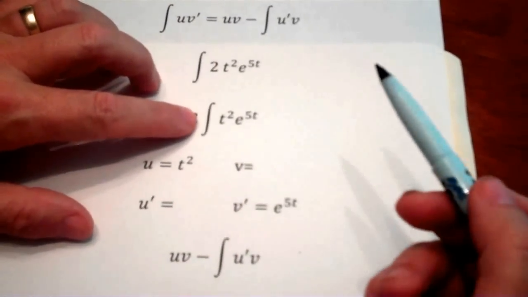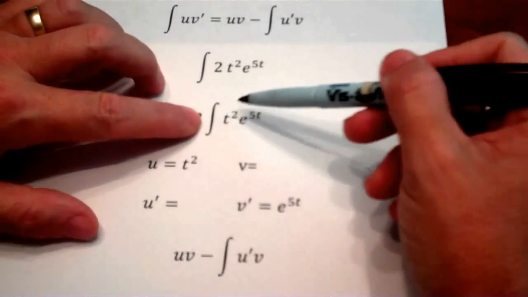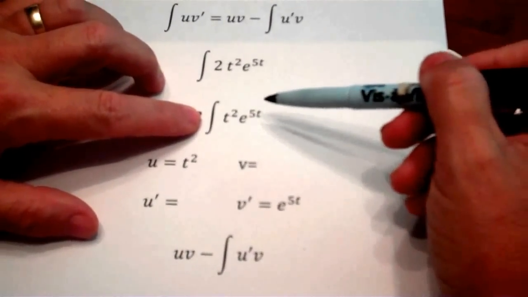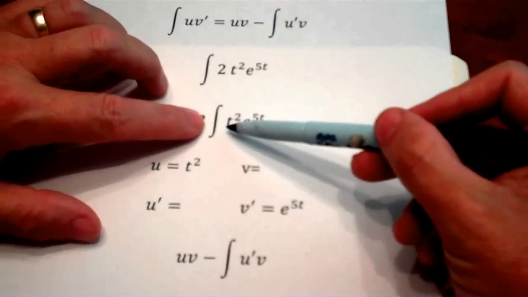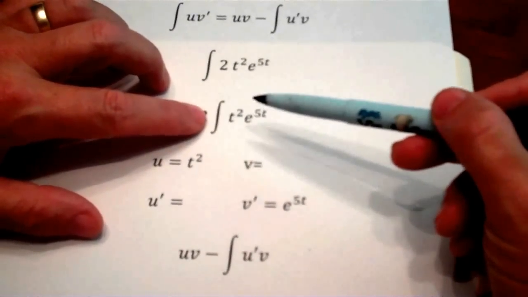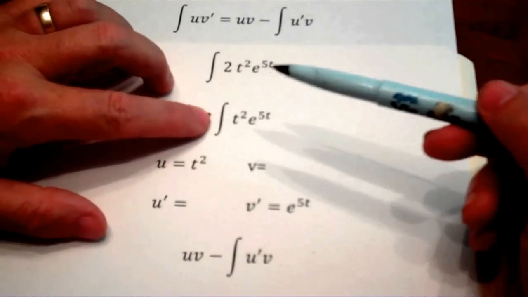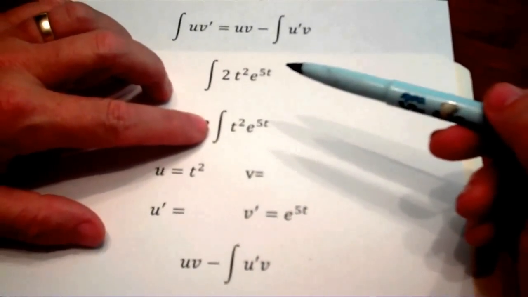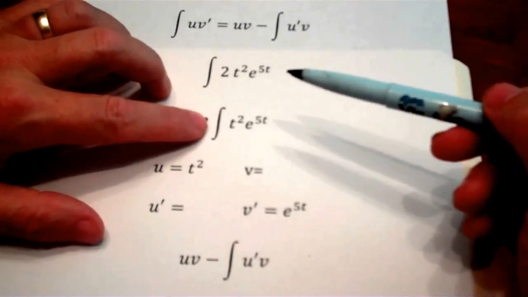Now I have a problem right off the bat. Once again, I have two terms involving t, but you'll notice once again that the t squared is not the derivative of what's inside. So once again, we're going to be stuck with the integration by parts. But we have another problem here as well.